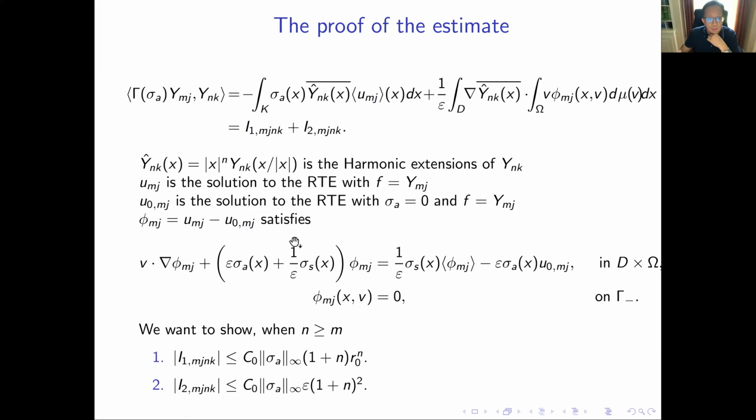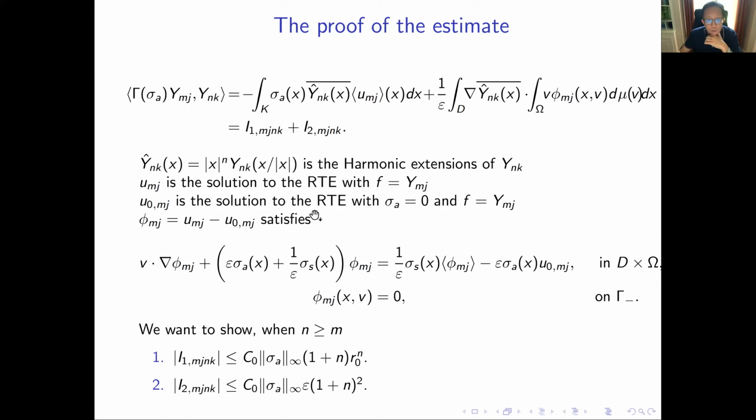So, okay, this is just to remind you what this term is. This is the harmonic extension of a harmonic function on the ball. And then U_M_J is a solution to the original RTE with non-zero absorption coefficient, with the boundary source equal to the harmonic function.